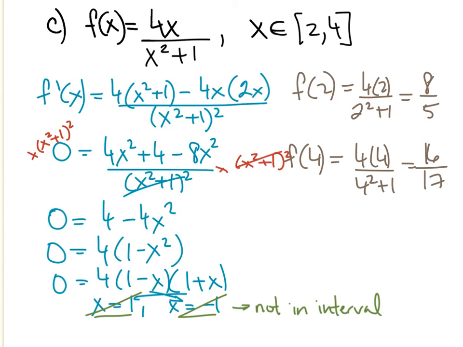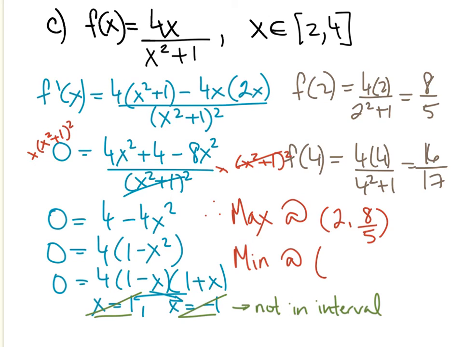And so we can say we have a max at 2, and the y value is 8 over 5, and your minimum is at 4 and 16/17. And that's how you find your max and mins.